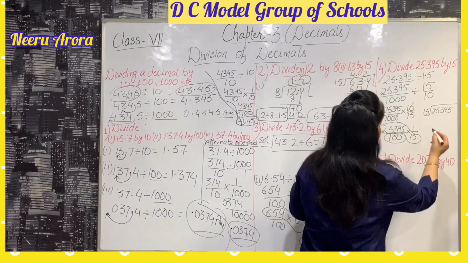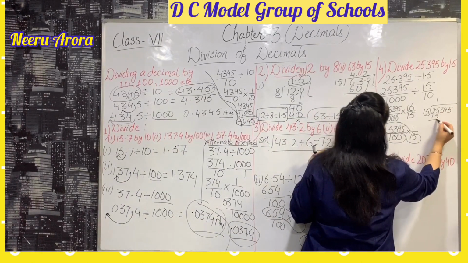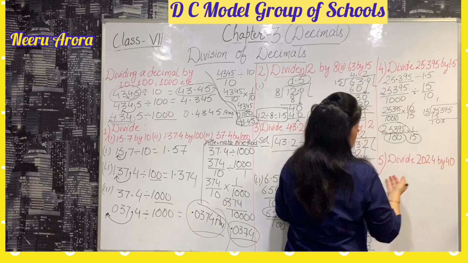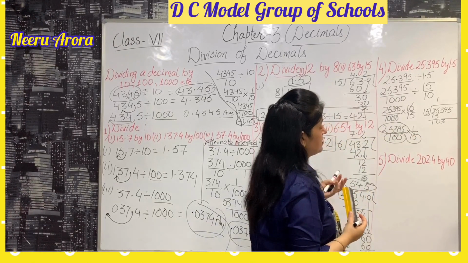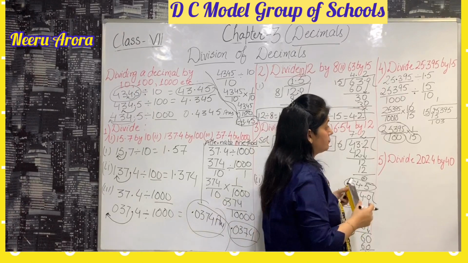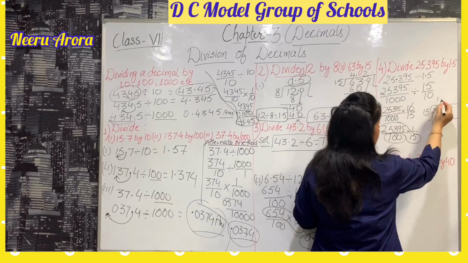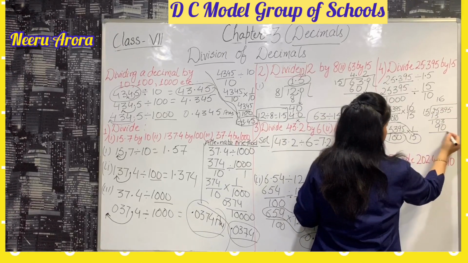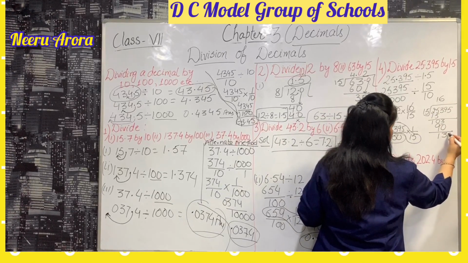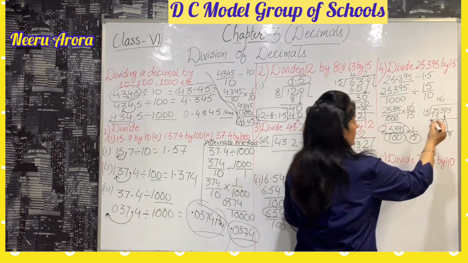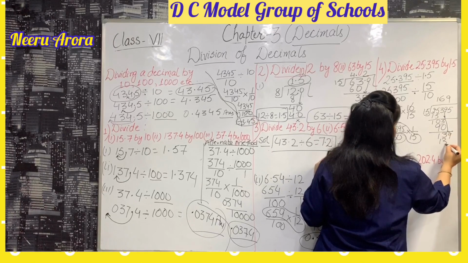So divide it. 15 ones are 15. Next 15 4s are 60, 15 5s are 75, 15 6s are 90, 15 7s are 105. So it will go on 15 6s are 90. So next number is 9. 15 9s are 135.